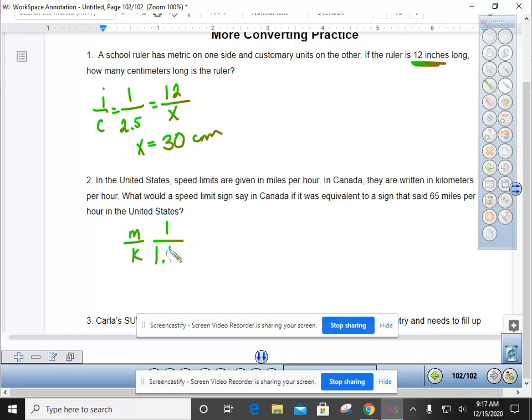1.6. Perfect. So then we're going to write the other side of our proportion, and this is 65 miles. So that goes on the top or bottom? Top. Good.